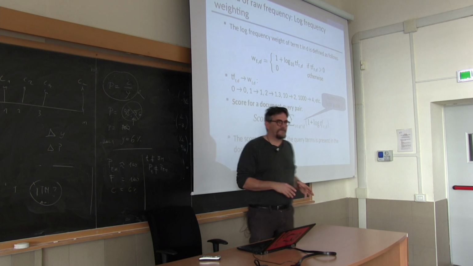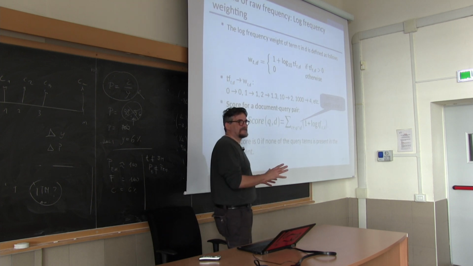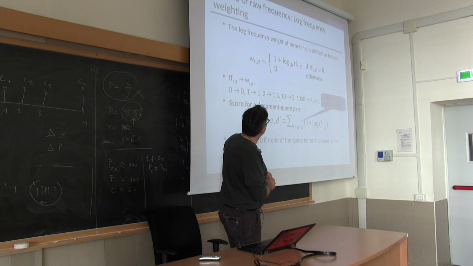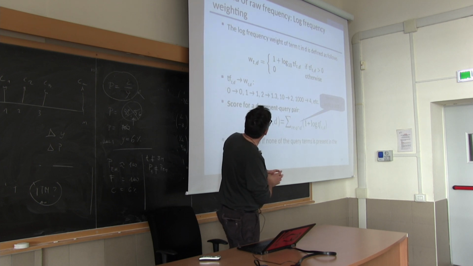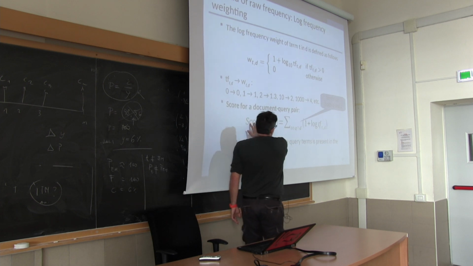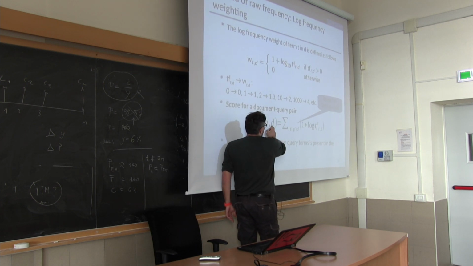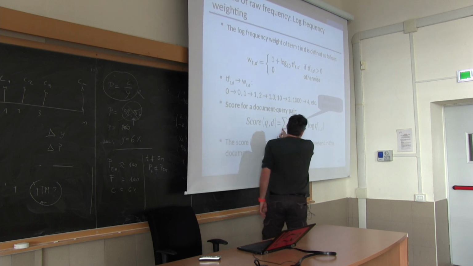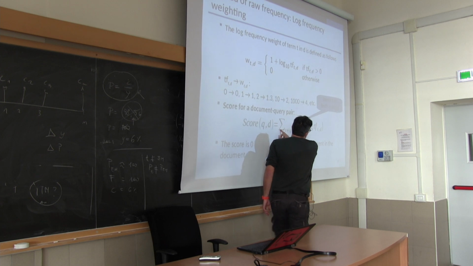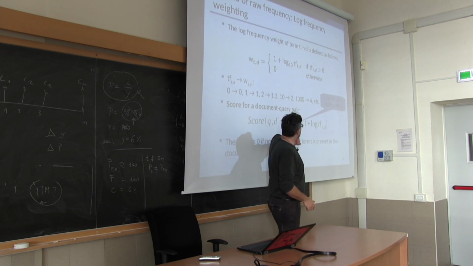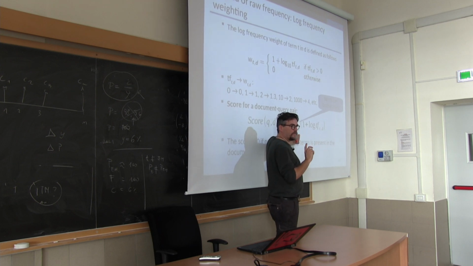Now that we have discussed this idea of logarithmic weight, the score is pretty simple. The score of a document related to a given query is the sum of the term frequency weights of all the terms that appear both in the query and in the document.